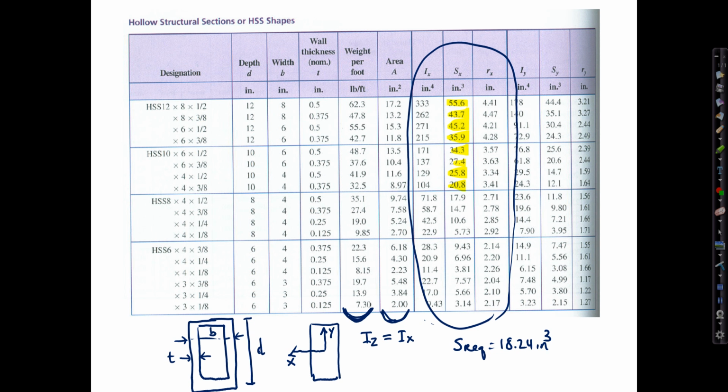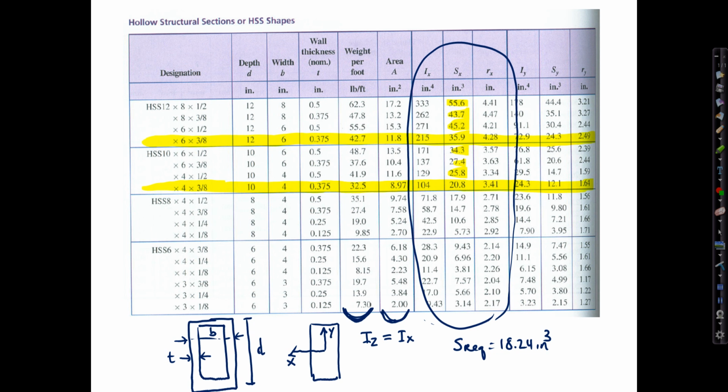So as we move down the chart and look at pounds per foot, the lowest one in every row is the lightest one. So among the 10 series, this one would be the most economical, the HSS 10 by 4 by 3/8. Among the 12 series, if we look at the total weight, the bottom one would be the most economical, HSS 12 by 6 by 3/8.